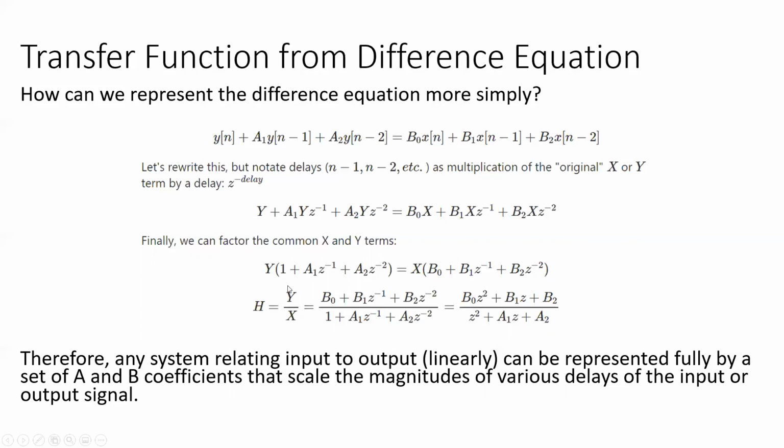The reason for that is because it's coming from your original y term, so it doesn't really make sense to think of this as anything other than your output being scaled by 1. If there was a different number here, you could always just divide everything by that number, and you'd still wind up with a 1. But anyway, that's a long way to say that any system that you're relating input to output linearly can be represented by these a and b coefficients, and these are scaling the magnitudes of the different delays for the input or the output signal.